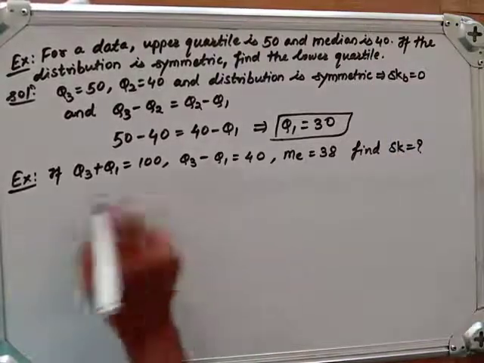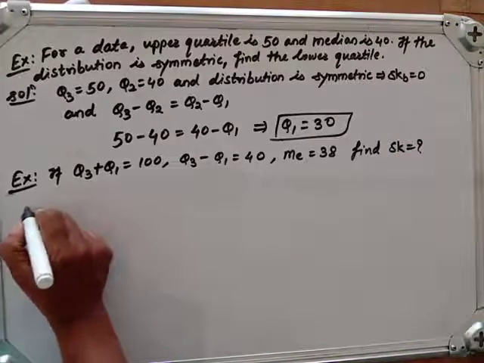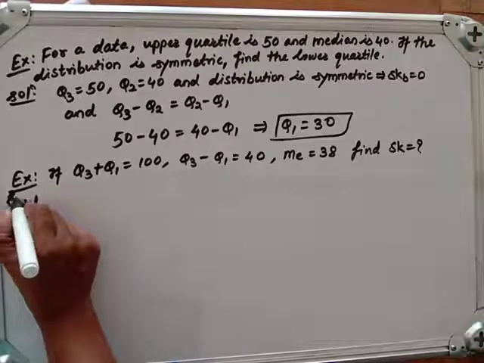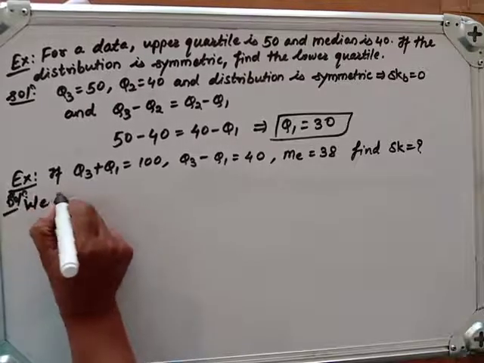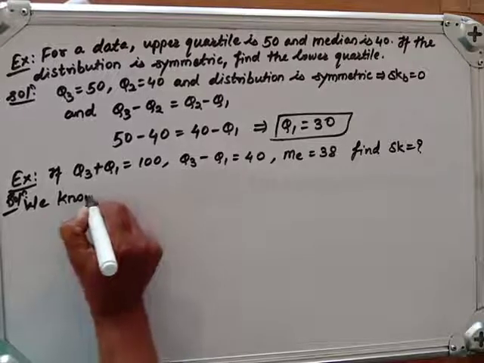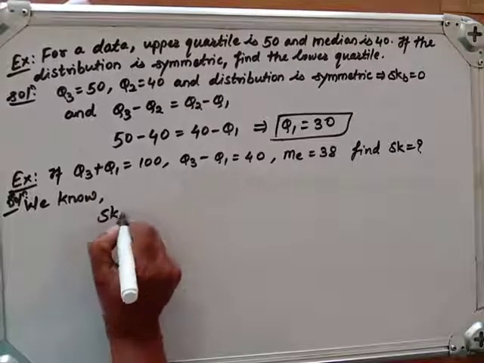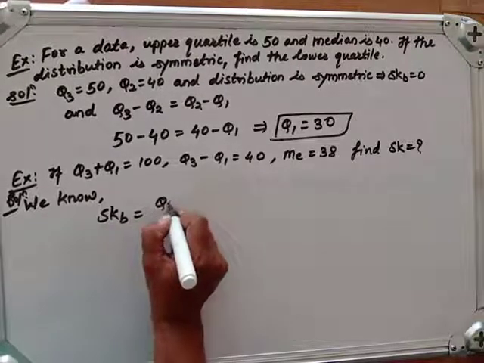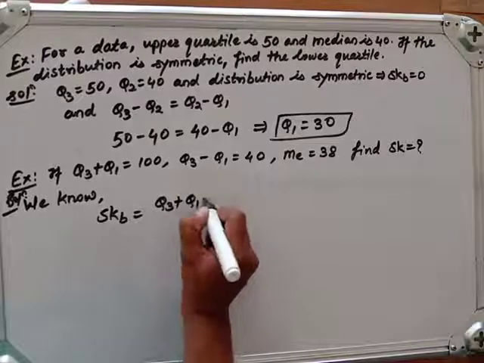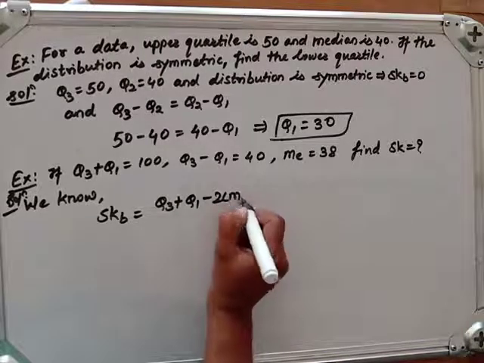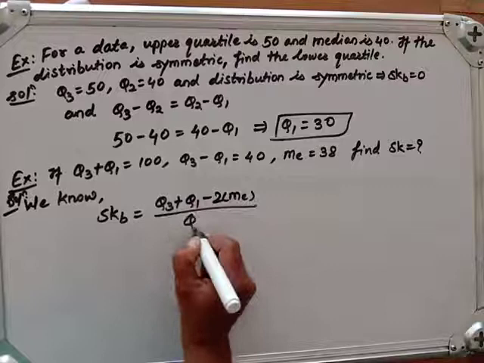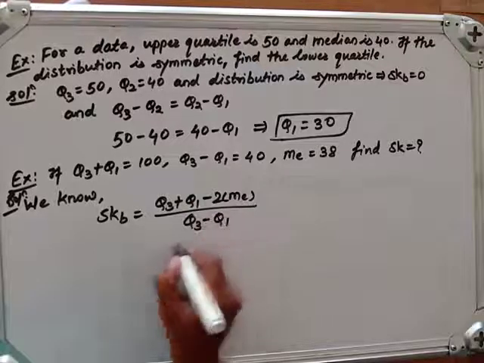So now obviously we are finding SKB here. Solution, we know SKB is Q3 plus Q1 minus 2 times median upon Q3 minus Q1.